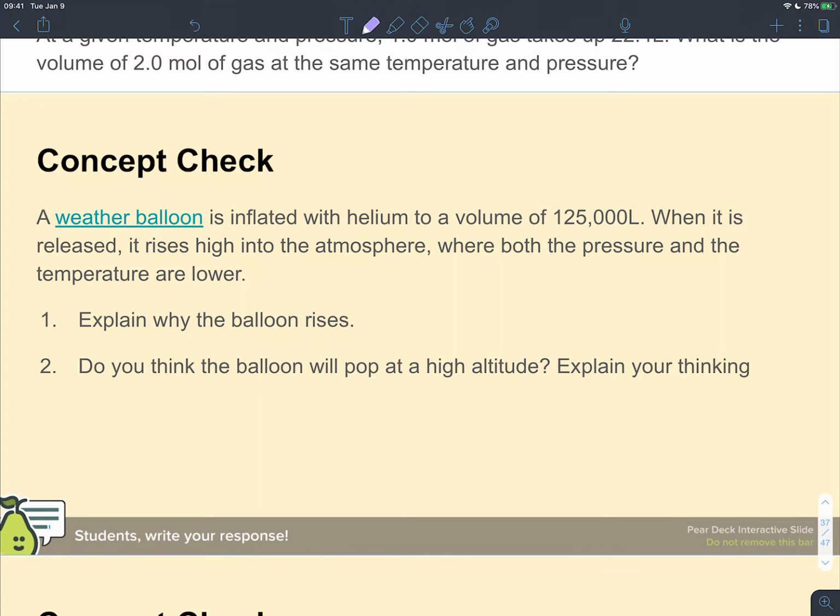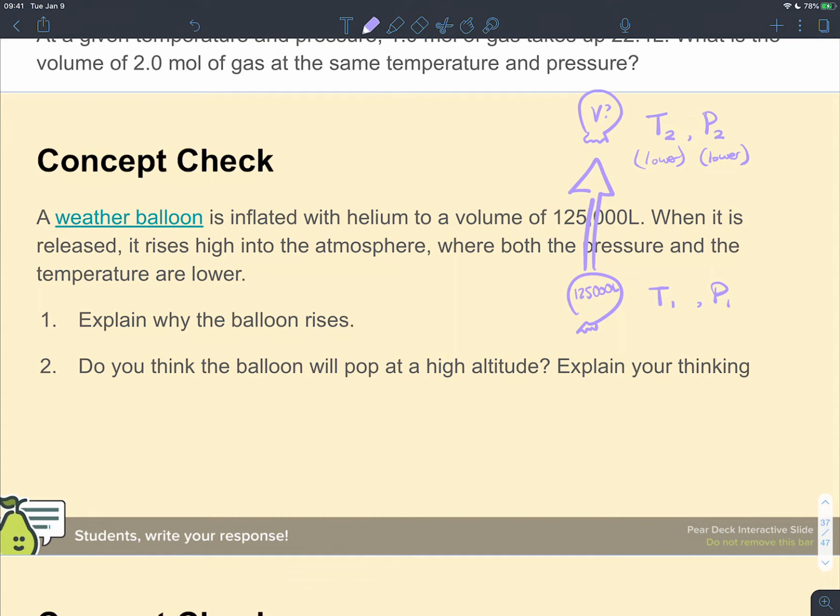So if I have a balloon, it's 125,000 liters, and there's some T1 and P1 over here, and it's going to go up into the atmosphere, and I'll have some new volume, V, with new conditions, new temperature, and new pressure. And the temperature is going to go down. So this is lower. And this is also lower.